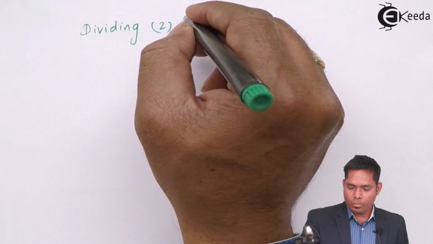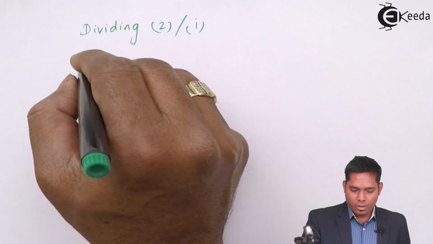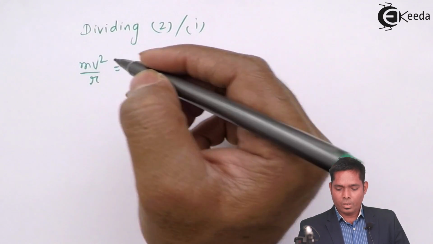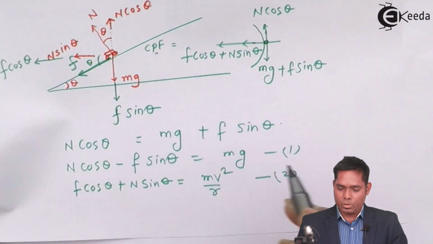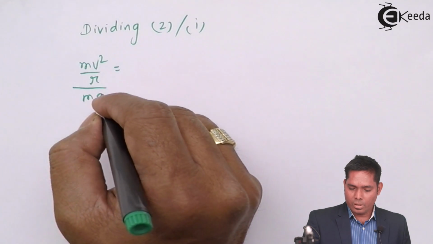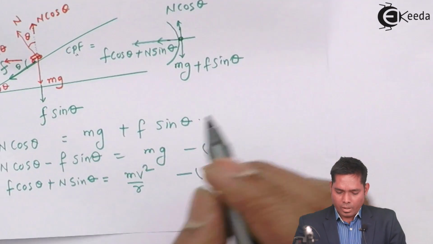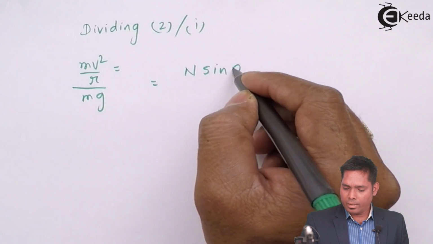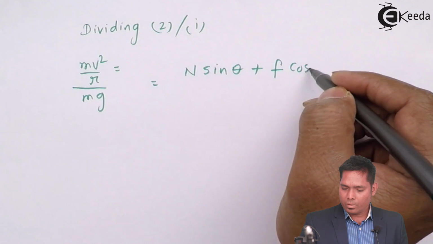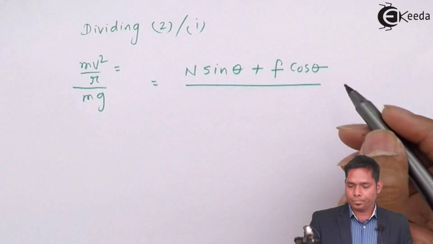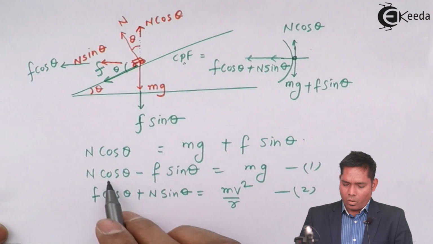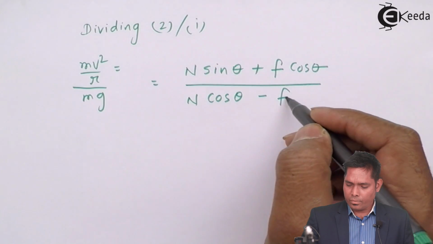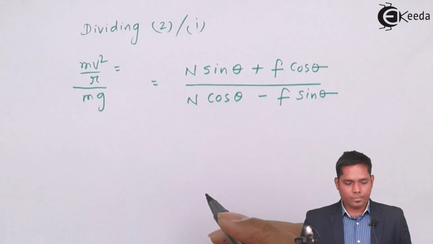Dividing equation 2 by 1, on the right side I am writing m v square by r, and this is mg, so I will divide by mg, that is equal to (n sin theta plus f cos theta) divided by (n cos theta minus f sin theta).